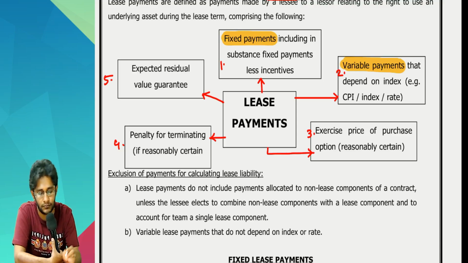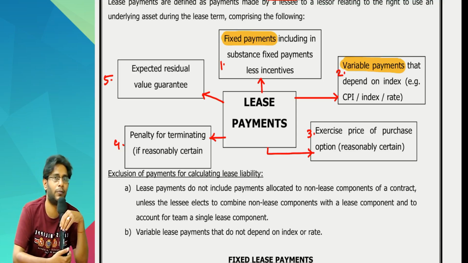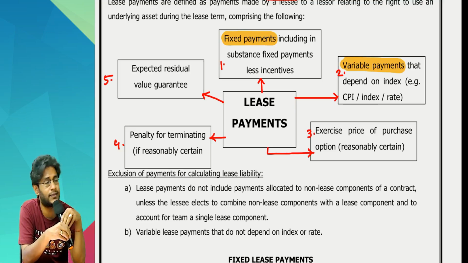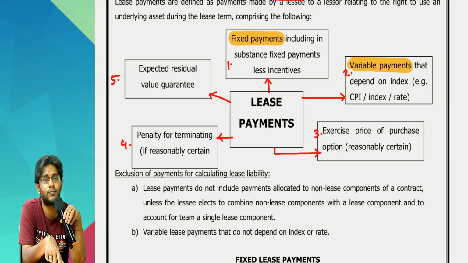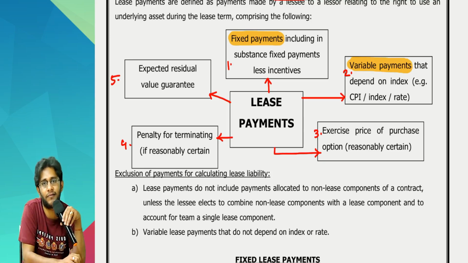Number 3. Sometimes you take the asset on lease, let us say for a period of 8 years. In that lease, the lessor gives an option to the lessee that at the end of the lease period, if the lessee wants, he can pay some extra money and purchase the asset himself.